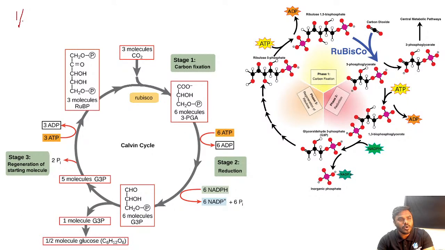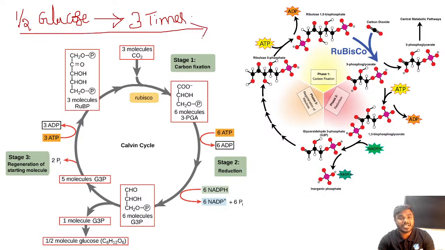If I want to produce half a glucose, I'm not talking about a complete glucose, in order to produce half a glucose, the Calvin cycle has to turn 3 times. Friends, if you forget this point, you can't understand the numerical part. In order to produce half a glucose, my friends, the cycle has to turn 3 times.